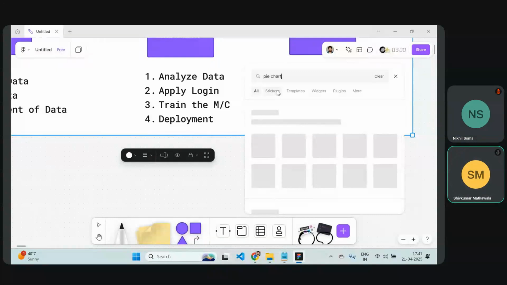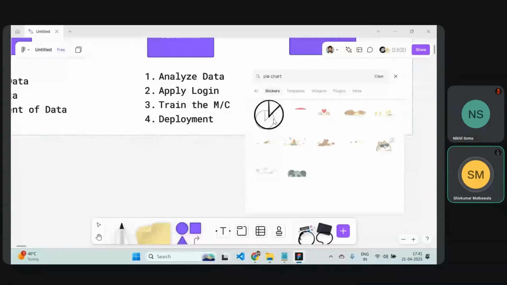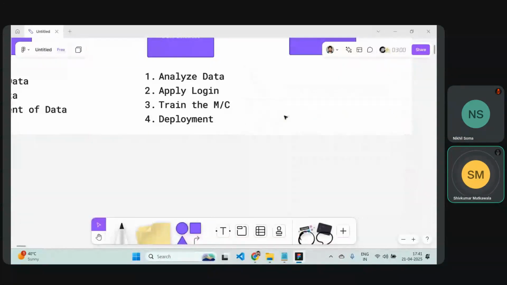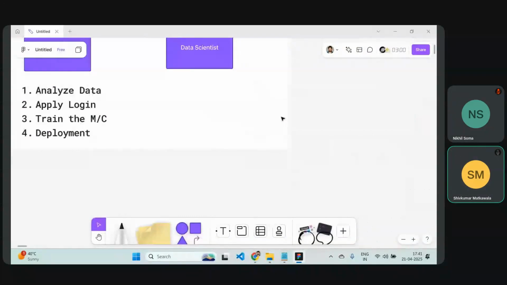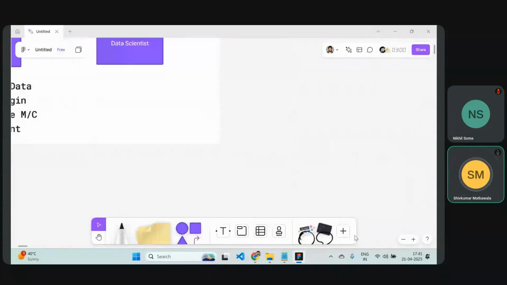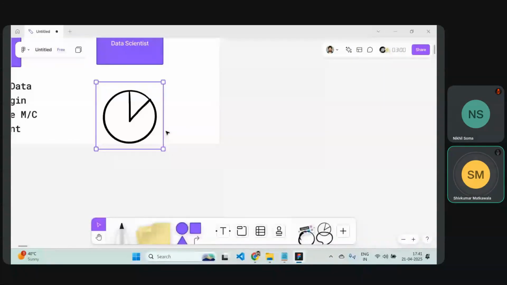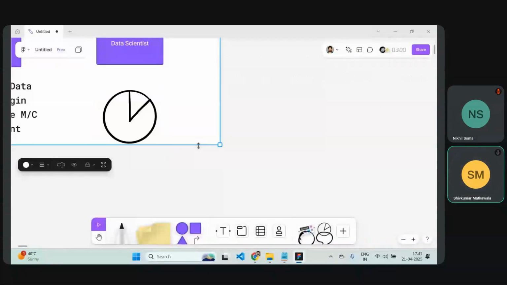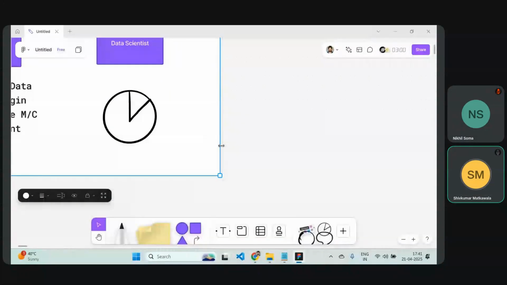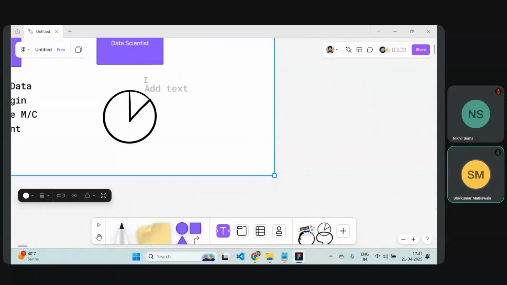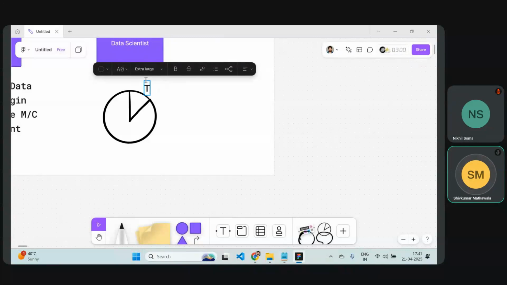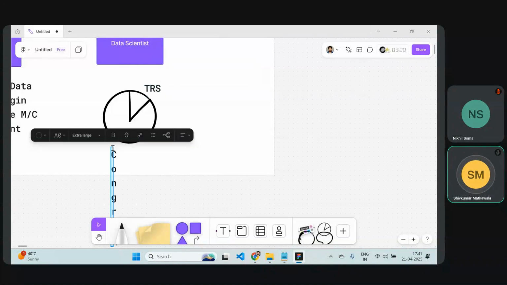Guys, have you ever seen this kind of chart? For example, the question was simple. I will give some certain examples here. Recently, we faced elections here. Congress won, I think, and TRS actually got very few seats. I don't want to go into the depth of it. So here, TRS, and this is Congress.